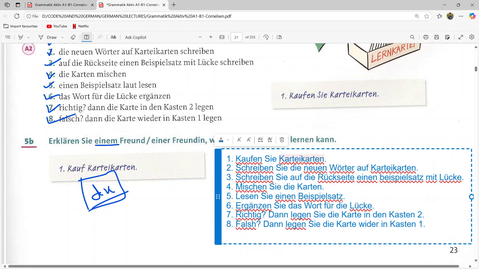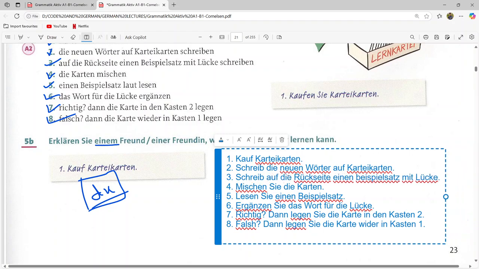We have to write in the du form. Why the du form? Because it is one friend. So I will just remove the first sentence. Kaufen Sie Karten. In the du form, it is just Kauf Karten. Then the next sentence in the du form is just schreib. The third sentence in the du form is also schreib. Then in the du form, it is just misch.